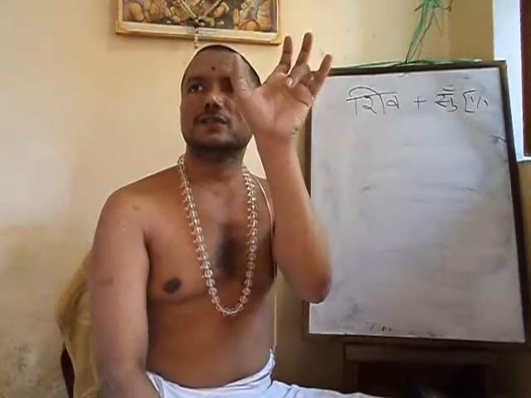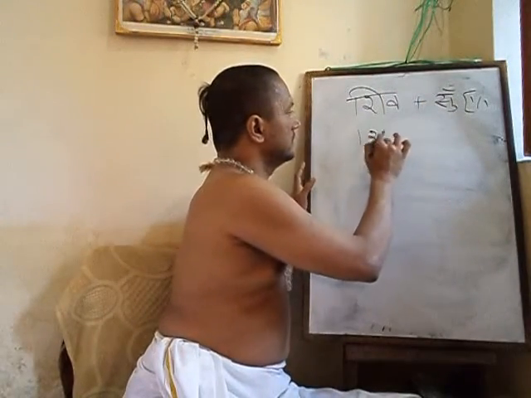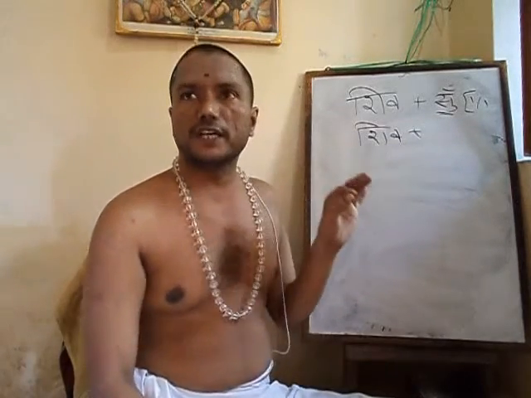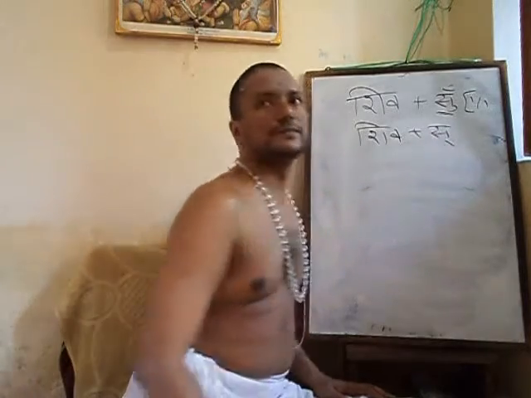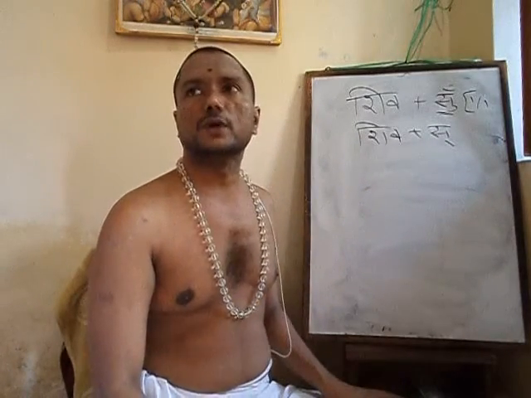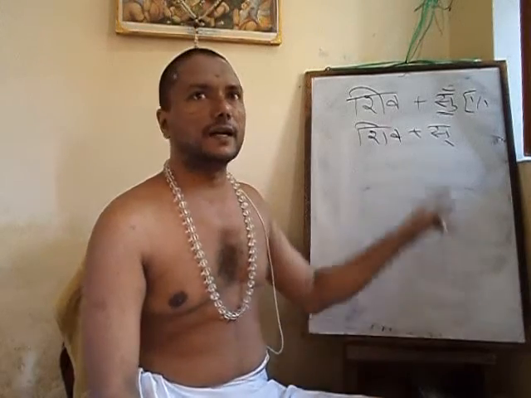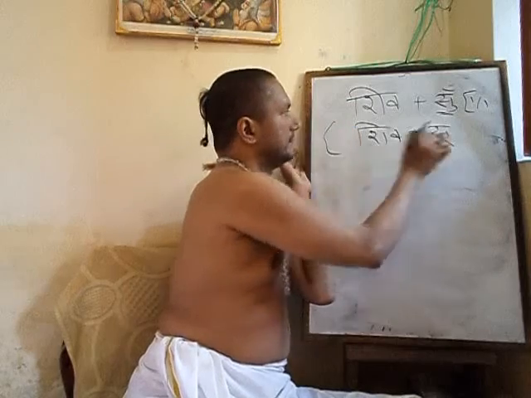In that Sup, it is first. So what happens? Shiva plus Upadeshaya Anunasikait Sakara. Okay? Shiva plus S. Then at this point, this is Pada. The whole thing is Pada.